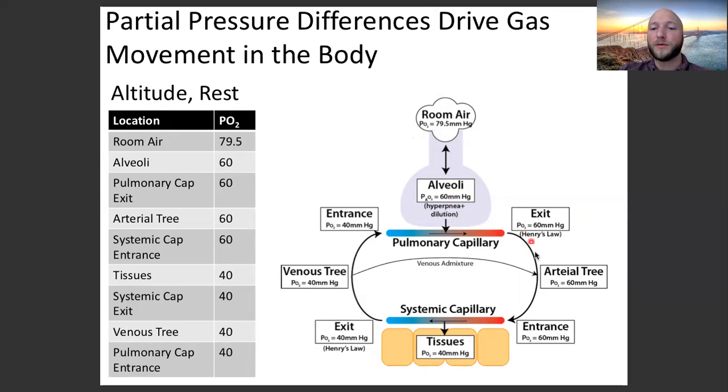Well, that just lowers this part. Pressures are going to equate. So we're going to have 40 PO2 moving into our pulmonary capillaries. We're going to have it go from high to low, so 60 down to 40, but it's only going to equate. It's only going to be at 60 partial pressure of oxygen as it leaves the capillaries and goes around to the tissues.